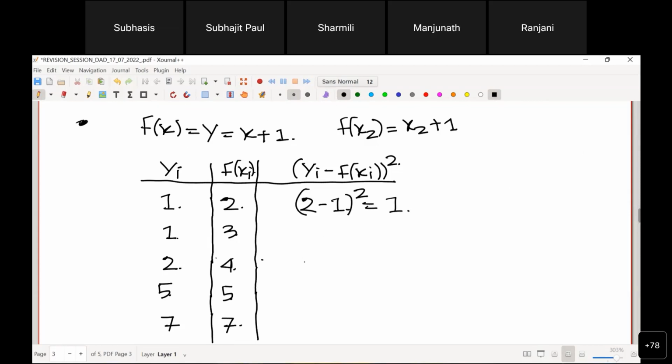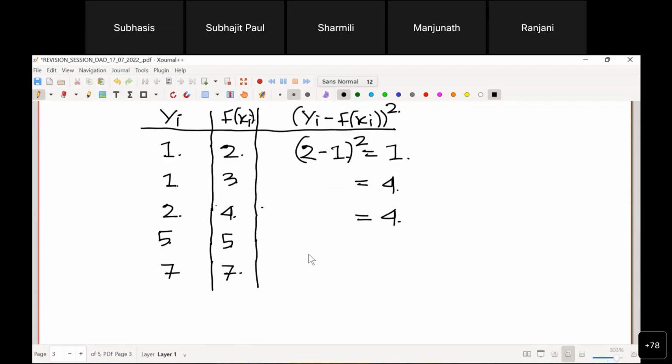Similarly, 3 minus 1 square is 4, and this is also 4 minus 2 whole square, which is 4. The next thing is 5 minus 5, which is 0, and if you take the square, you also get 0.